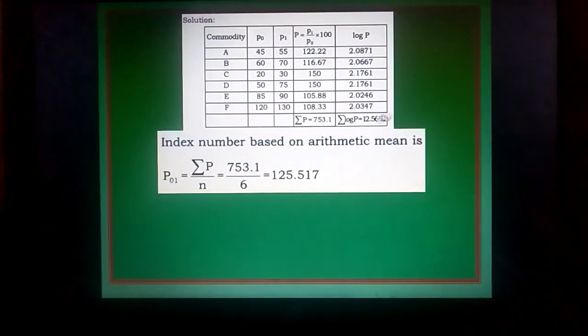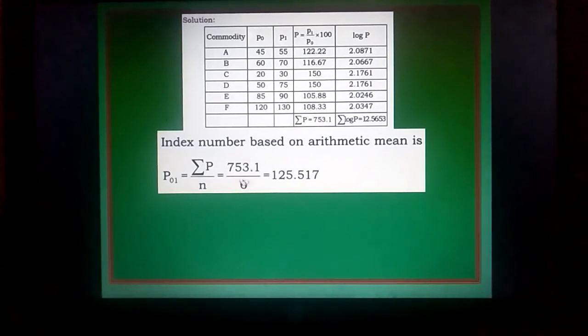So this is what is calculated in the tabular columns. We want sum of P divided by N to be calculated, the index number based on arithmetic mean. So the sum of P, 753.1, is to be substituted here, divided by the number of observations, 6.